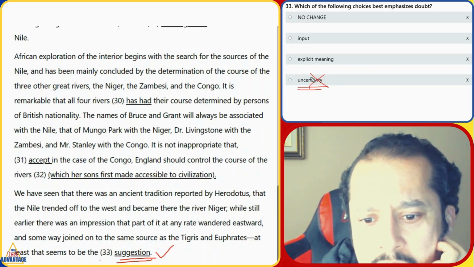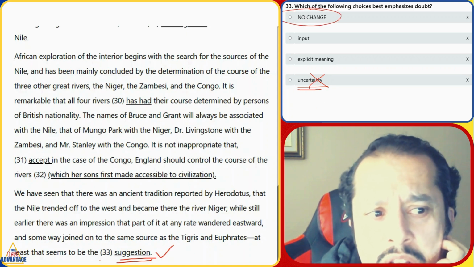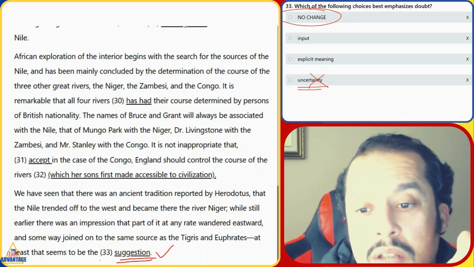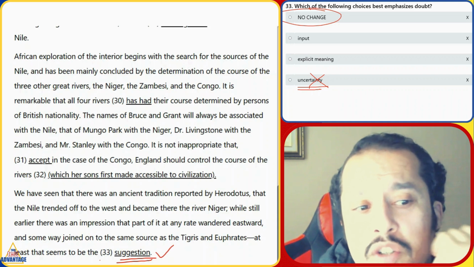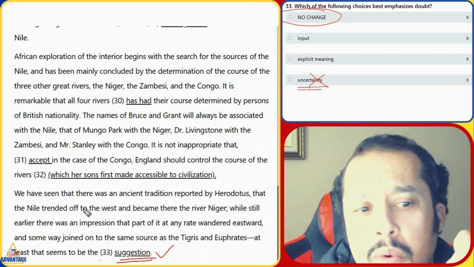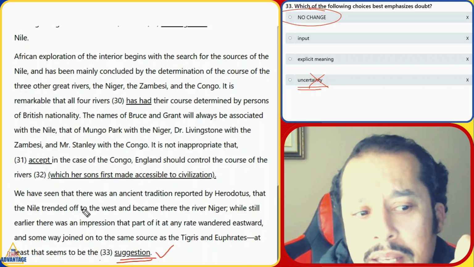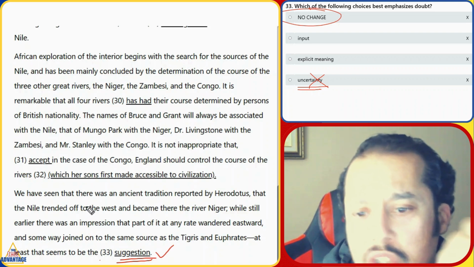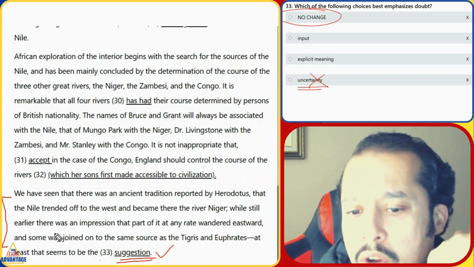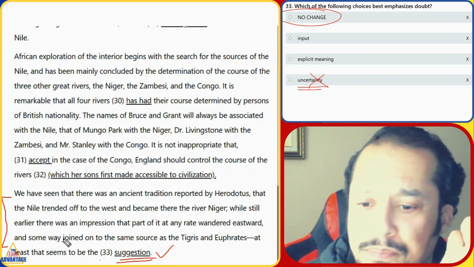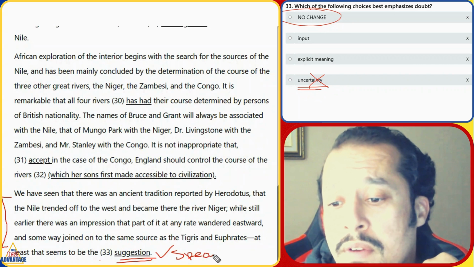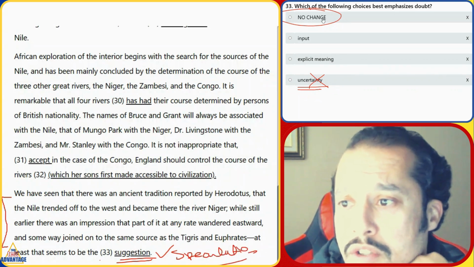So here we're gonna go with answer A. So suggestion here does express doubt or uncertainty in the context itself. Because we have to understand context, not just the meaning of a word. The passage is basically saying that someone told them about something and they're searching for it. It indicates the idea is based on impression or speculation, not certainty. So it says if we go this way we'll reach the river, or at least that seems to be the suggestion. So suggestion means some sort of speculation. So here we're going to go with answer A.